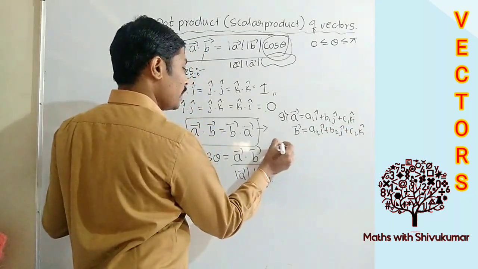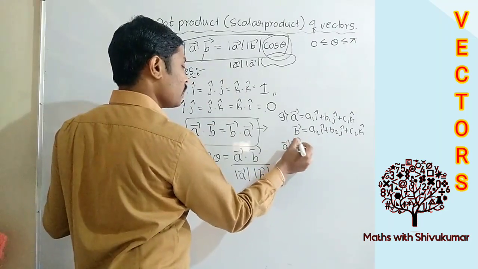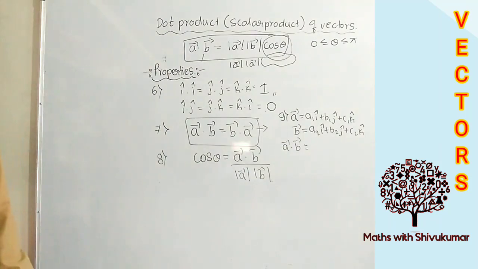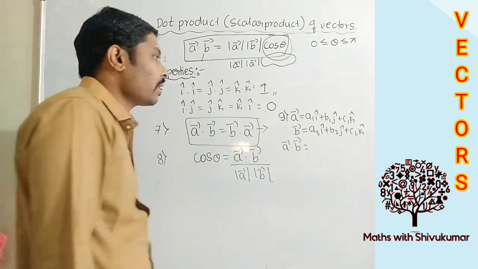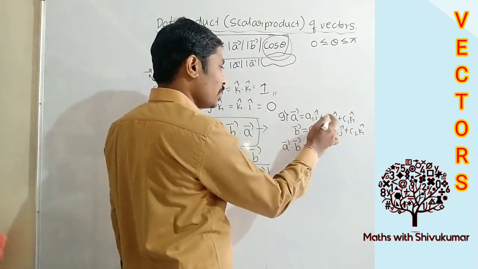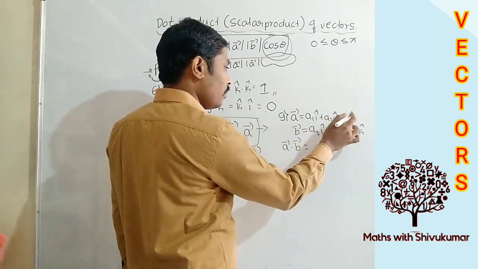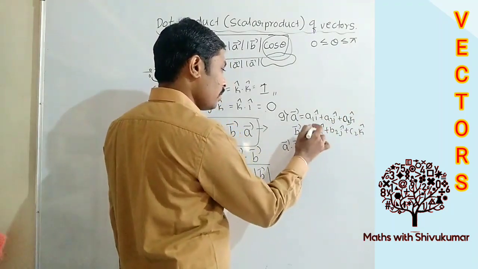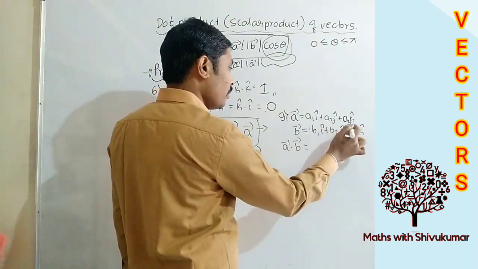If you want to calculate the dot product of two vectors, we can write it like this, or in better standard notation, A1 A2 A3, and B means B1 B2 B3.